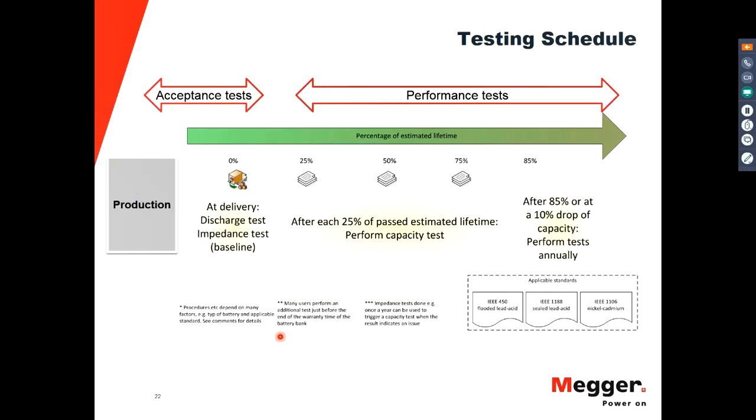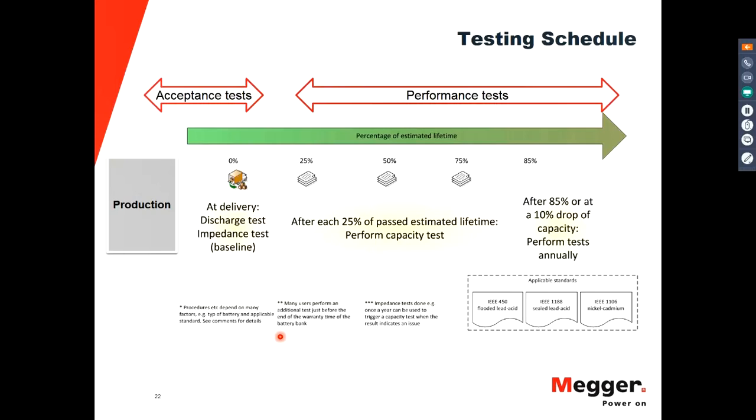That means if you have a battery that is expected to last for 20 years, you would perform the test at 2 years of age, and then at the 5th year, then at the 7th year, 5 years more, so 12 years, and then at 17 years of the battery.